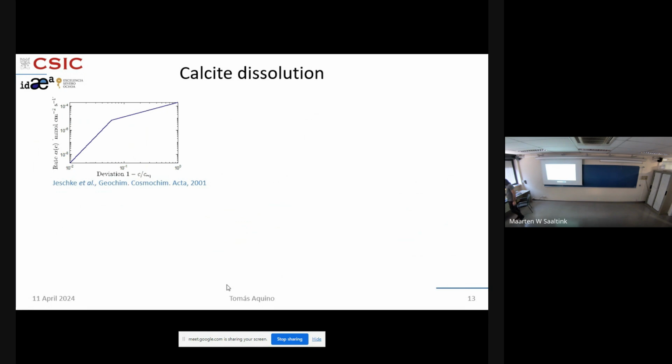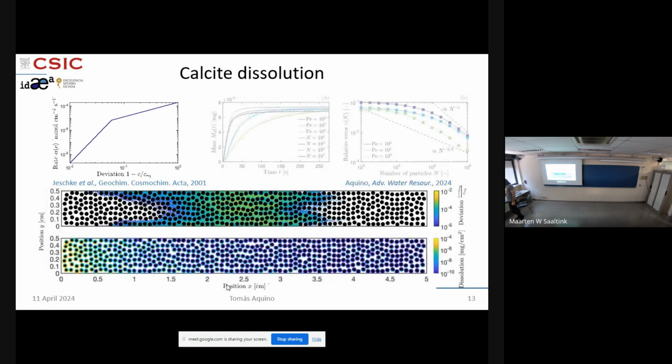And then just very quickly a more fun example. So just a single reaction inspired by calcite dissolution. You have two regimes, both power law rates. One is almost linear, far from equilibrium. Another one is strongly nonlinear when you approach equilibrium. I got the parameters from this paper here.